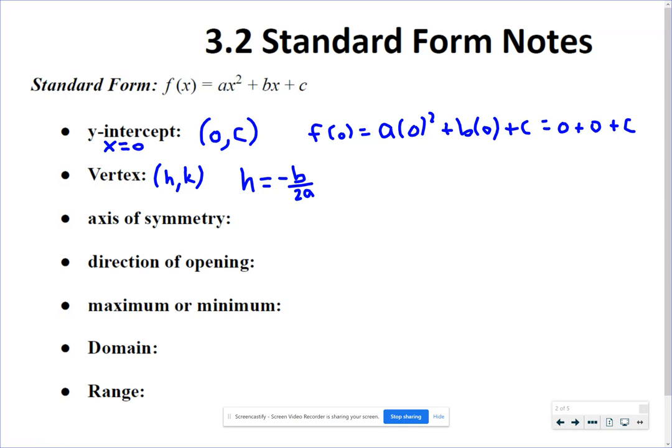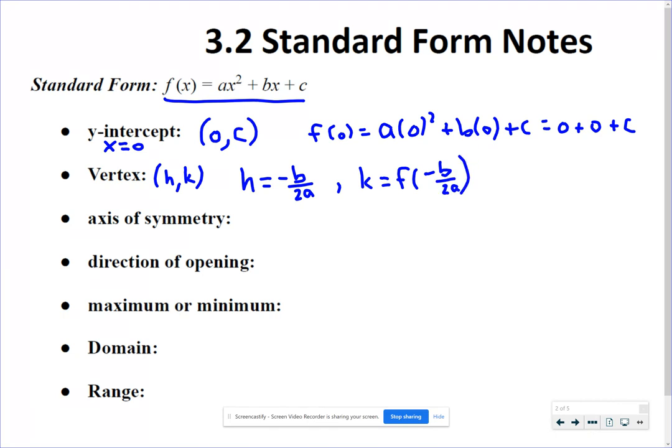That's a simple little formula for calculating the x-coordinate of the vertex. Well, I have a rule here that tells me how to find y values from x values. So if I want the y-coordinate of the vertex, I just take the x value of that vertex, h or negative b over 2a, whichever you want to call it, and I plug it in.